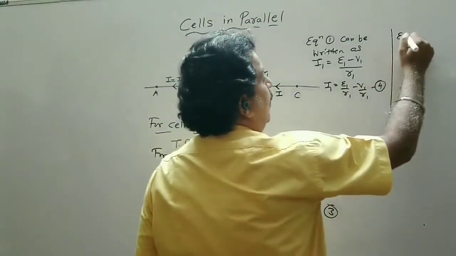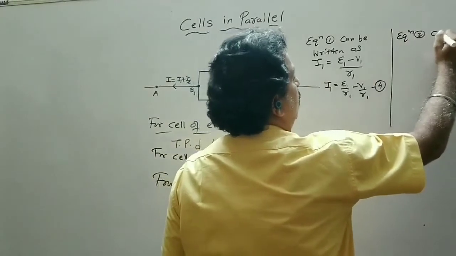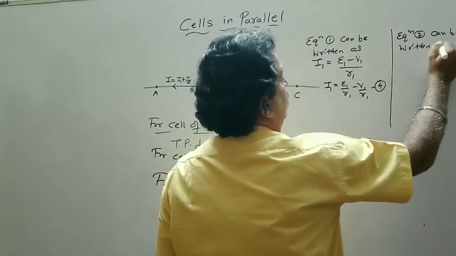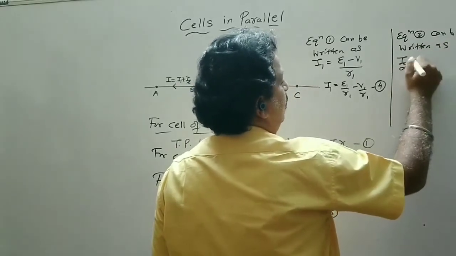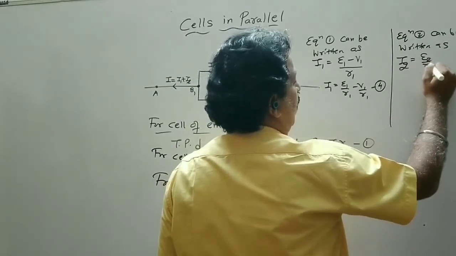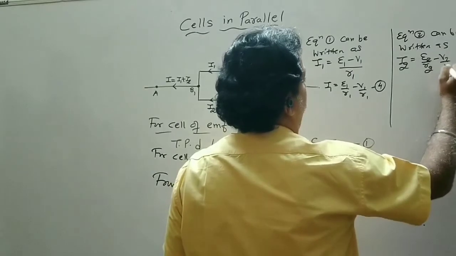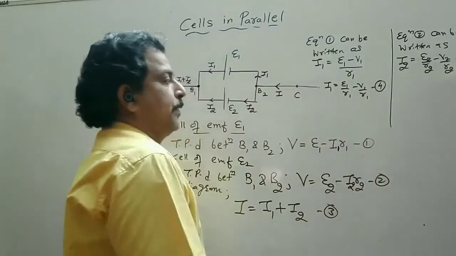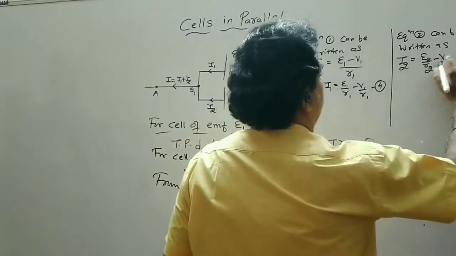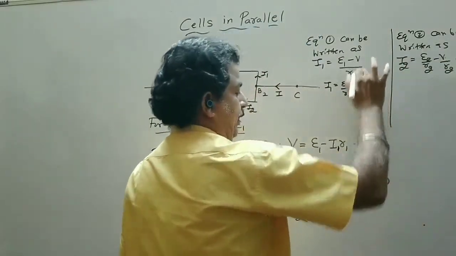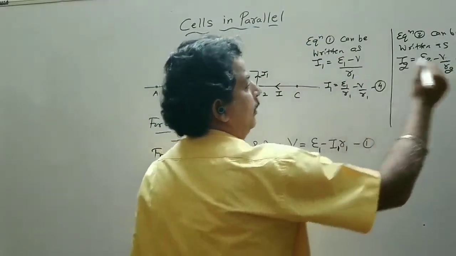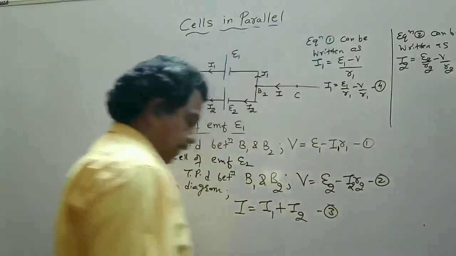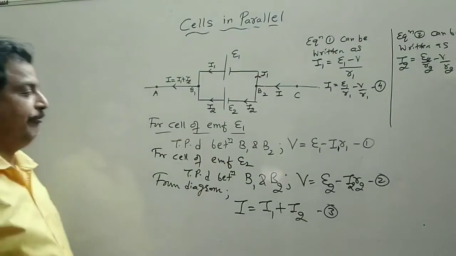Similarly, equation 2 can be written as I2 equal to E2 upon R2 minus V upon R2. This is V only, the common potential. That is equation number 5.